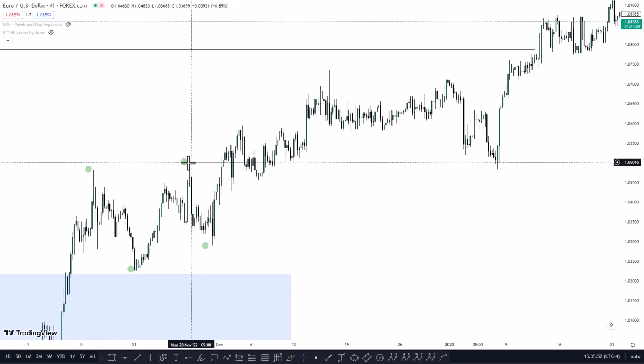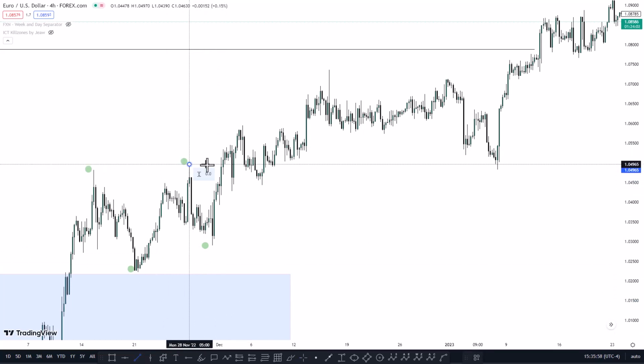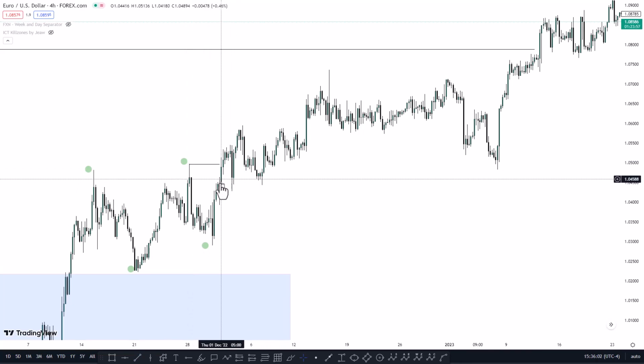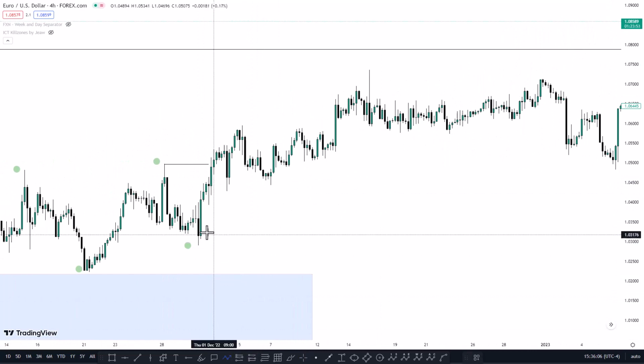After pushing higher and breaking this high, you didn't have any clear pullback. Instead, you have internal structure continuation here. As you can see, the market was using internal structure to continue the trend.